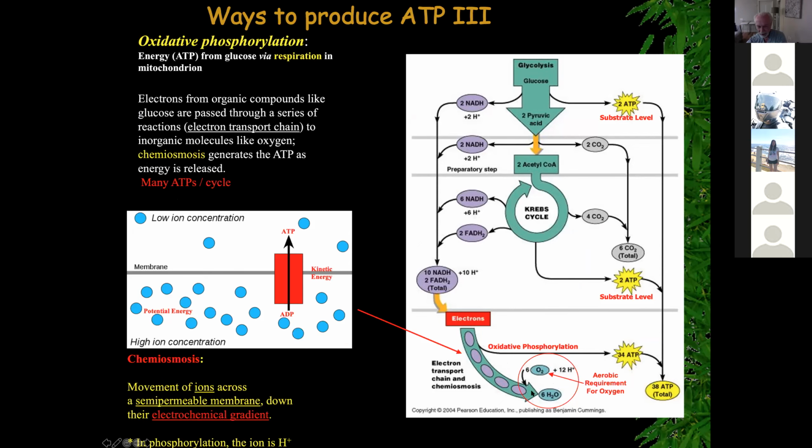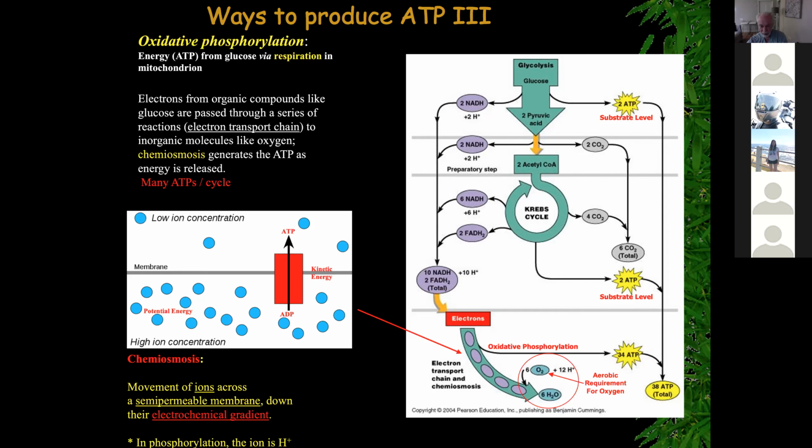So the final electron acceptor, you have all these receivers and acceptors all down the chain. The last one is oxygen, molecular oxygen. That's why we breathe. That's why fish have gills. We have to extract oxygen from our environment.